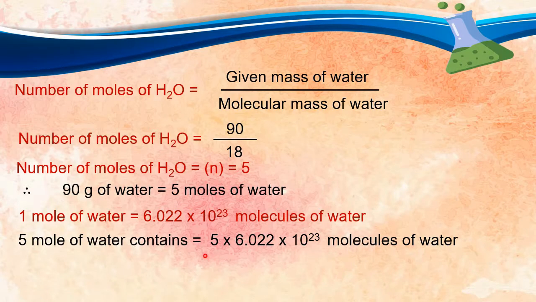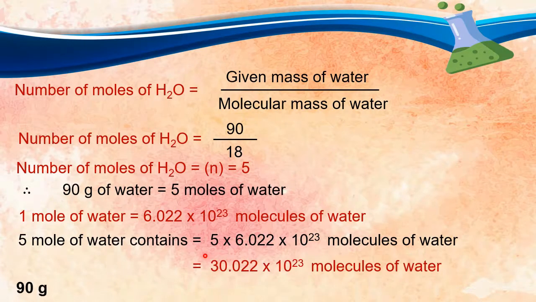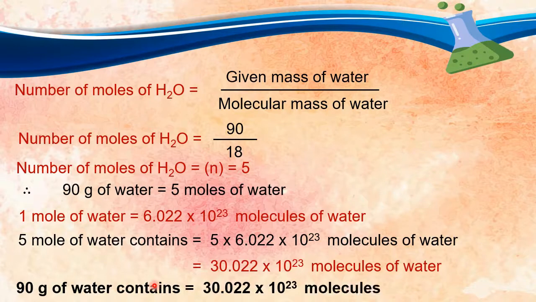And here we have got 90 gram of water contains 30.022 into 10 raised to 23 molecules of water.